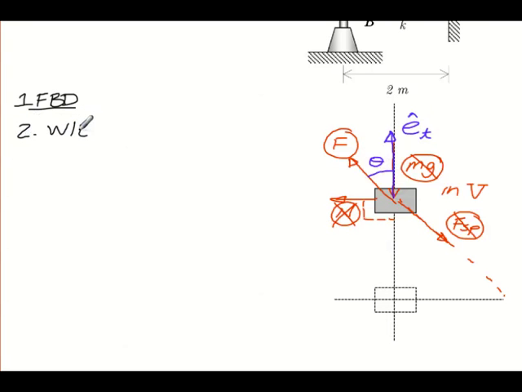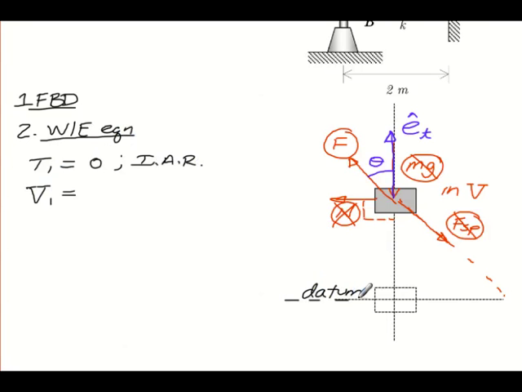Okay, so for the work energy equation, T1 starts out from rest. V1, well, we have two parts. We're going to have a potential due to gravitational force, and a potential due to the spring force. For the gravitational, I'm going to choose my datum line where block B starts out.